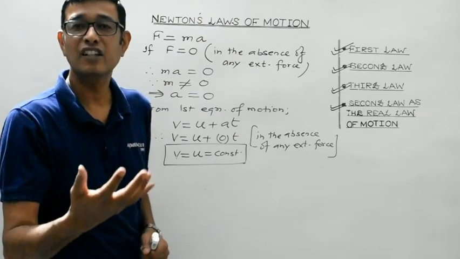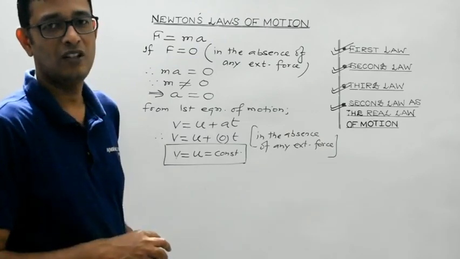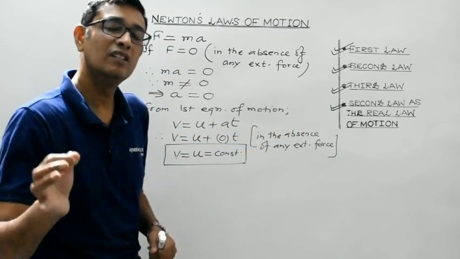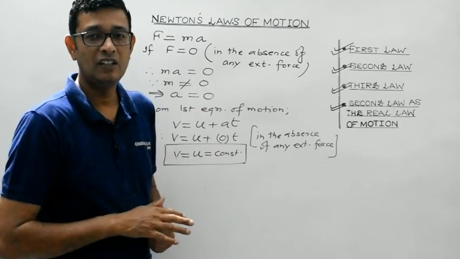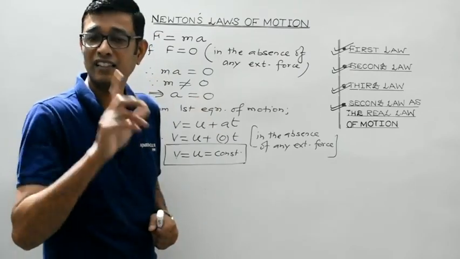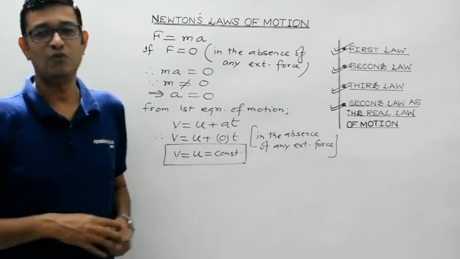So that is inertia of motion, which is actually Newton's first law of motion. So this is the mathematical verification of the fact that Newton's first law is contained in Newton's second law. Similarly, Newton's third law is also contained in Newton's second law, and that is the reason why Newton's second law is known as the real law of motion.